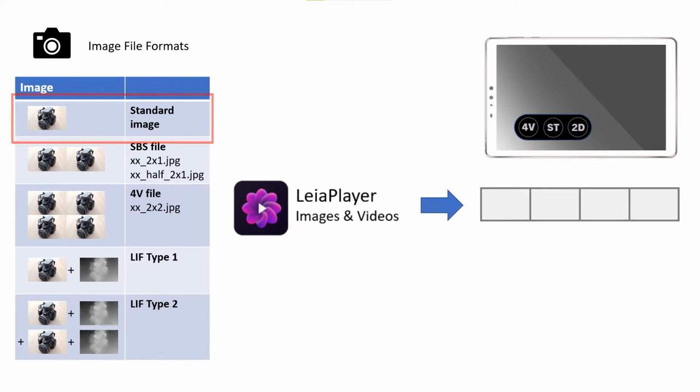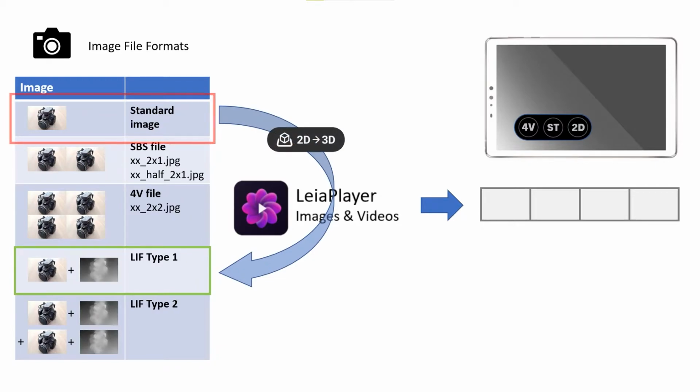So for a standard image, you will obviously only be able to view that in 2D, in the 2D mode. You won't be able to view that stereoscopically or in the 4-view mode. However, having said that, the LeiaPlayer does come with a converter. So you can convert your 2D images to 3D, and that will generate a new file type, the Leia image file type.